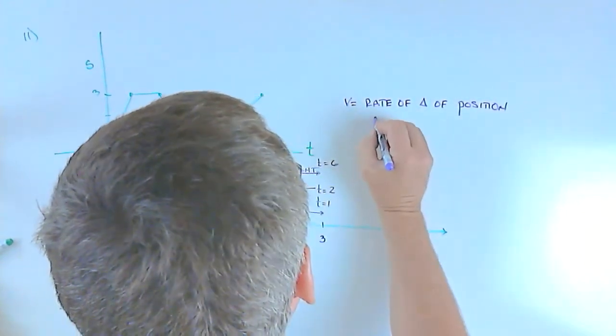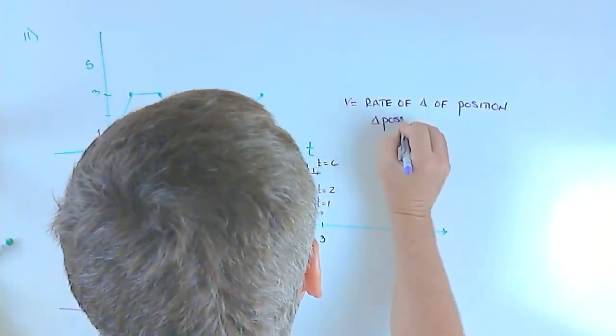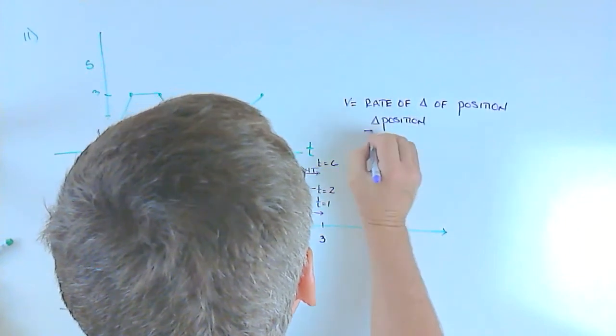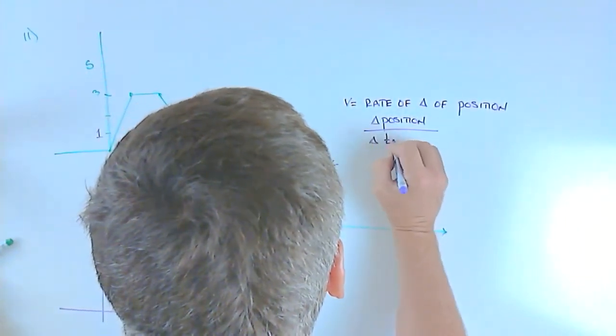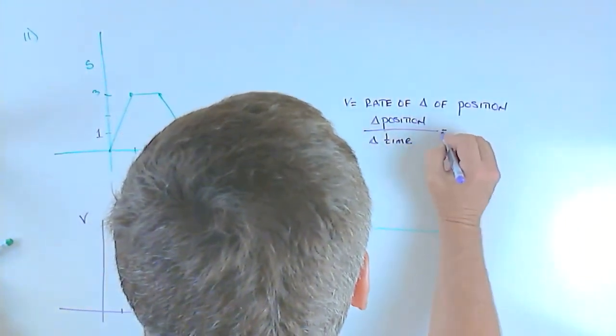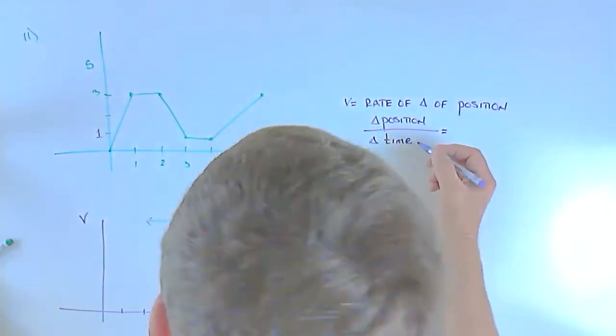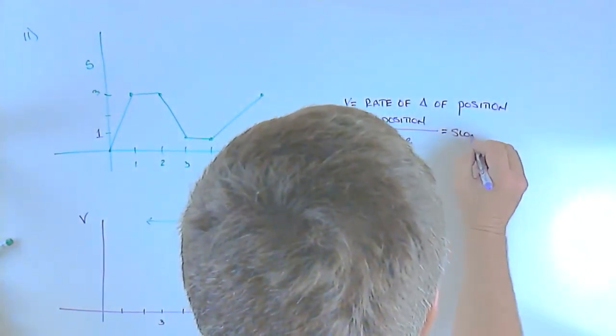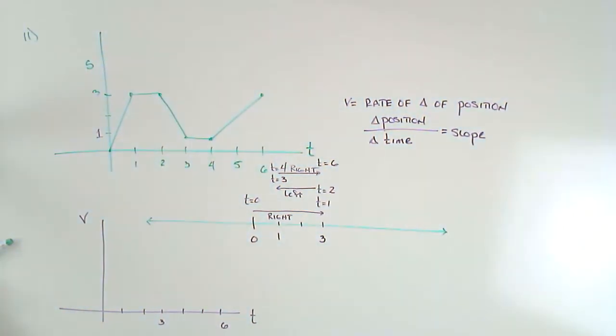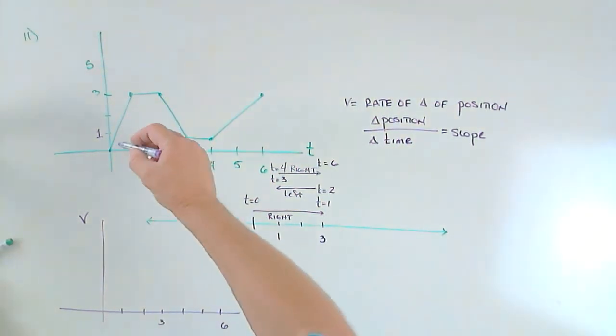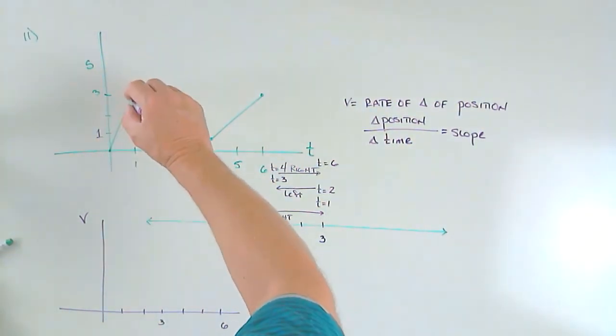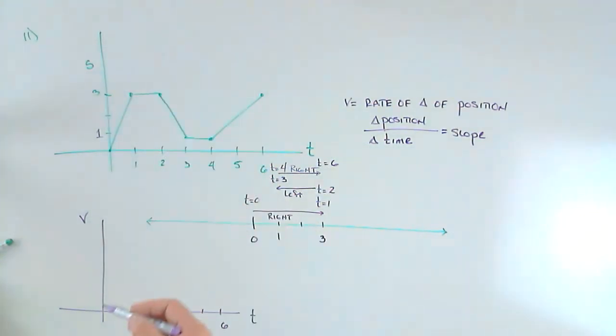Or we said it's the change in position divided by the change in time. Change in position over change in time, that's slope. So our velocity is the slope of each of these curves. So our velocity between 0 and 1 is the slope of that curve.